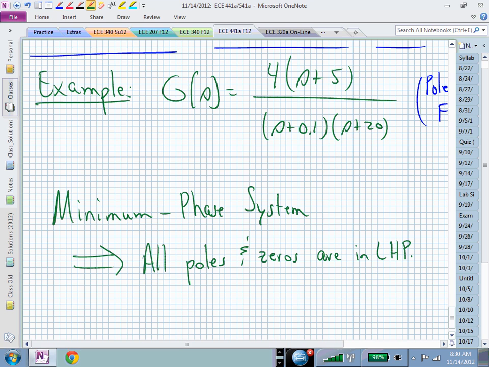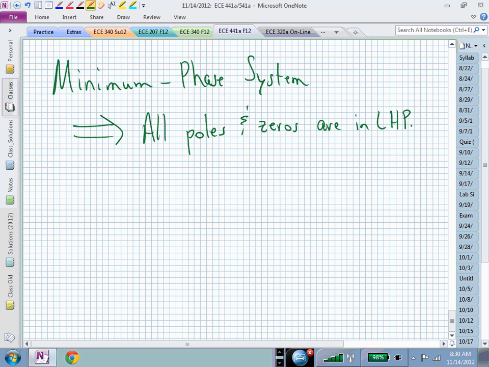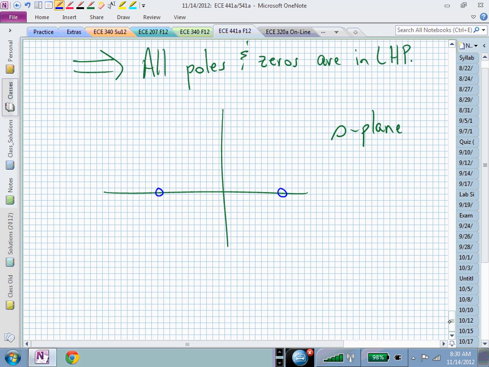Now, the reason for that terminology is, let's say, the following. Suppose that you looked at an S-plane, and suppose that I had a 0 here and maybe another 0 there, and I wanted to compare these two zeros. Let's say this is at -1 and this is at +1. This is our minimum phase 0.